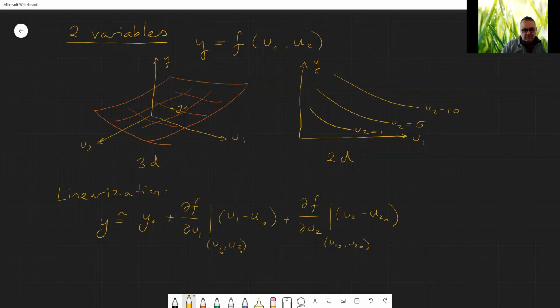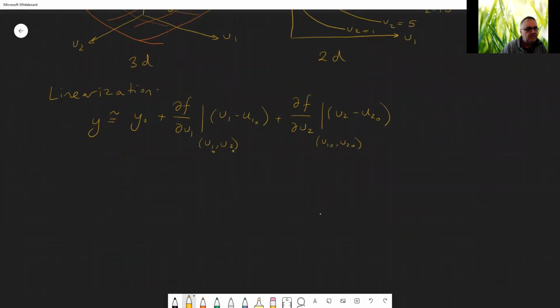This is all that is. So we approximate it by something like this. And in this case, therefore, we write delta y is equal to this.